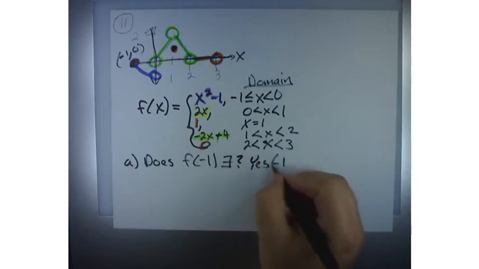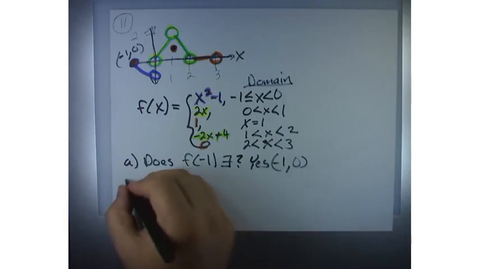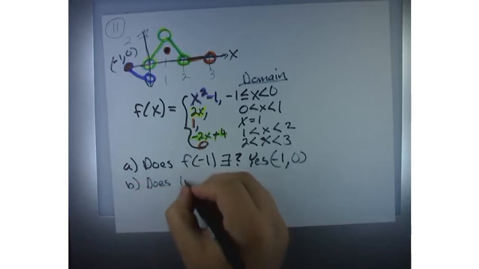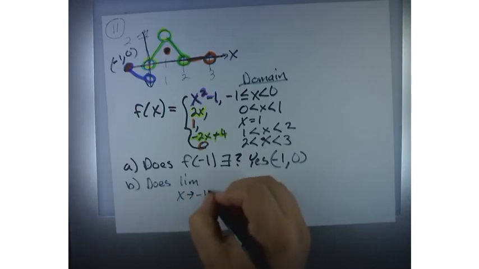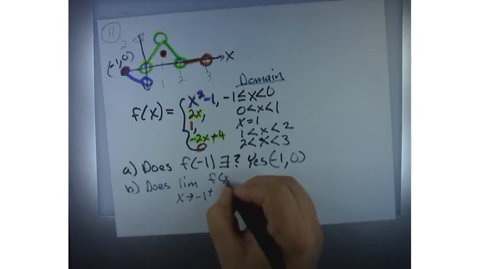Negative 1 comma 0. Part B says, does the limit as x approaches negative 1 from the positive direction of this function exist?